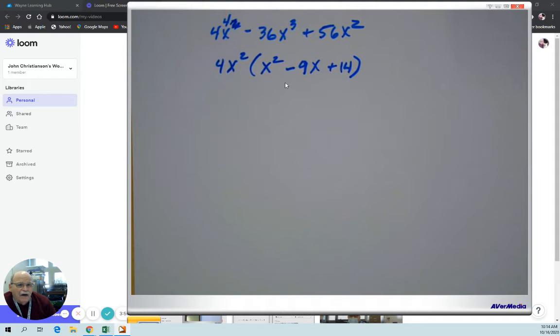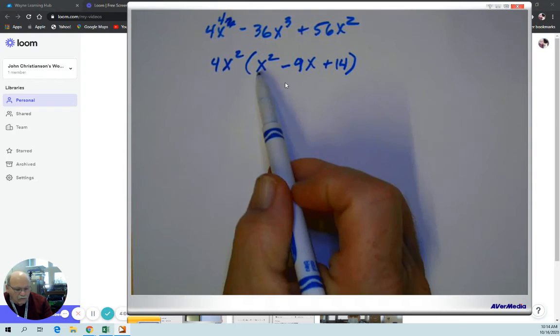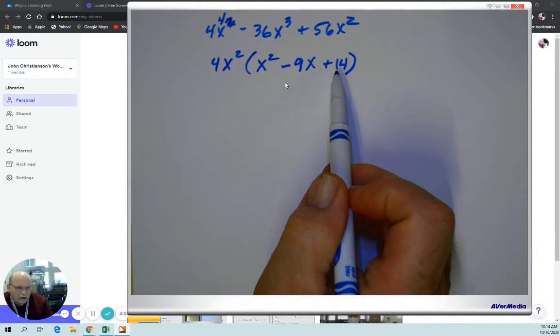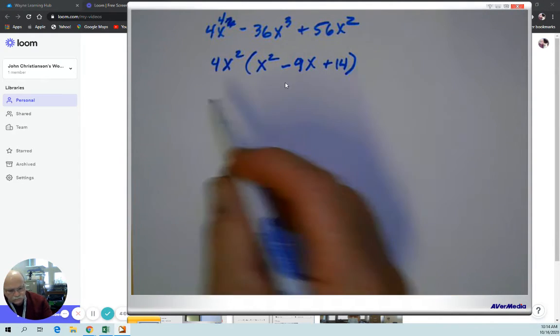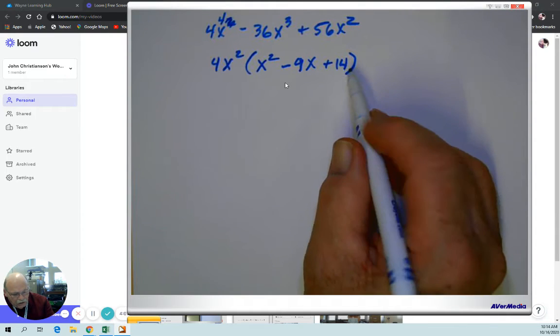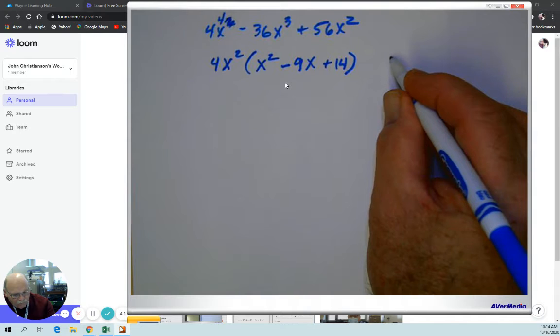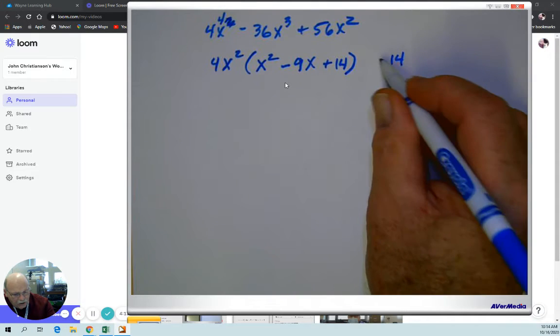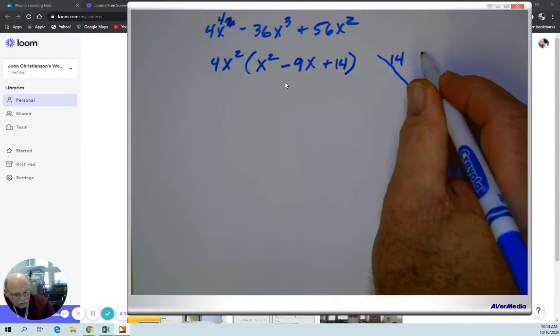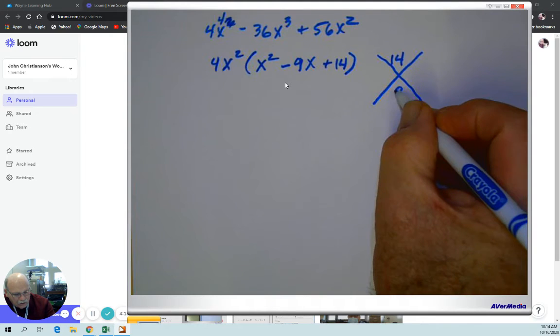Now I can factor my quadratic here. That's a quadratic. So I factor this. What I want is the factors of 14 that add up to negative 9.